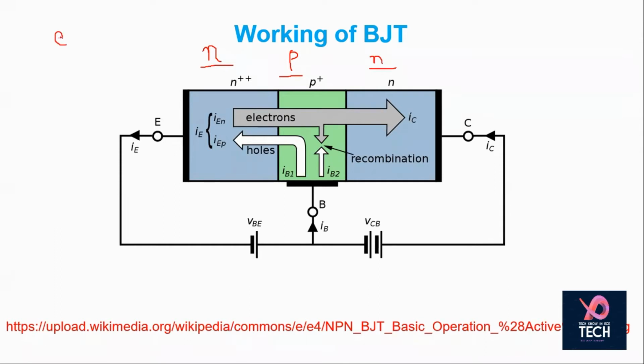When we call a material P type, the majority carriers are holes. Now, when we forward bias the emitter base junction, in this NPN transistor, this is positive, this is negative.